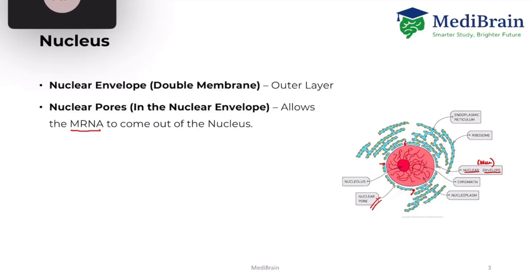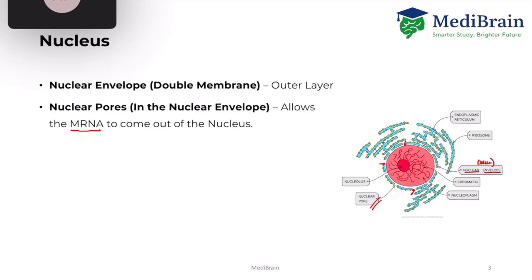It tells the cell what to do. So the nucleus prepares the base sequence of amino acids, which is then synthesized into proteins within the cytoplasm, which is outside the nucleus.